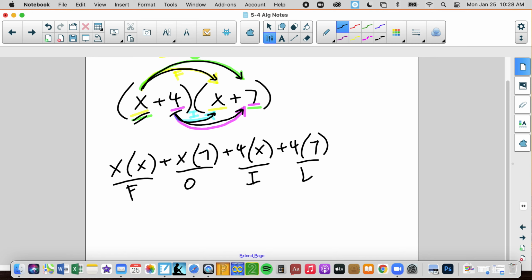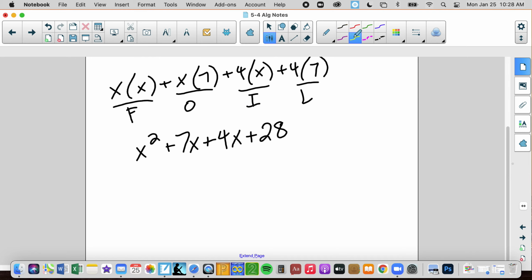When we multiply x times x, we get x squared. x times 7 is 7x. 4 times x is 4x. 4 times 7 is 28. And we notice that we actually have like terms here. My outside and my inside are like terms, 7x plus 4x.